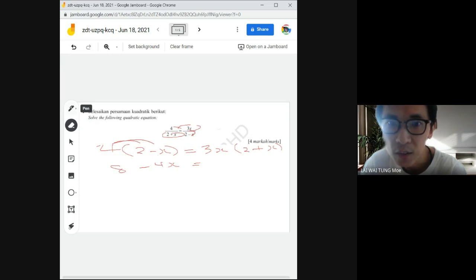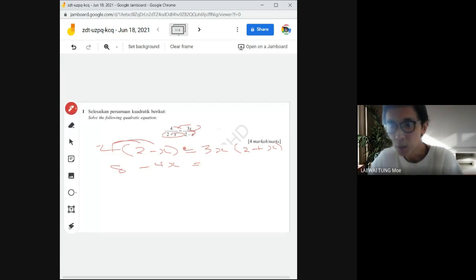Okay, it's okay, so we continue. 3x, just expand in the bracket here. You will get 6x here, and then here is plus 3x squared. Okay, am I right?